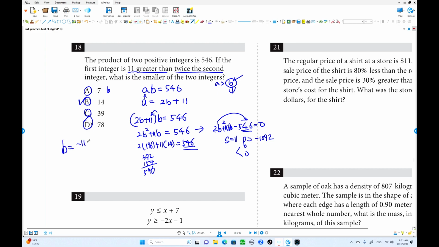B equals negative 11 plus or minus the square root of 11 squared minus 4 times a, which is 2, times c, which is negative 546, all divided by 2 times 2, which is 4, okay? So using your calculator, you can find these numbers. Okay, let me find this number, okay? You can use, yeah.